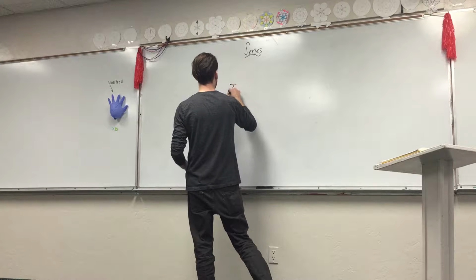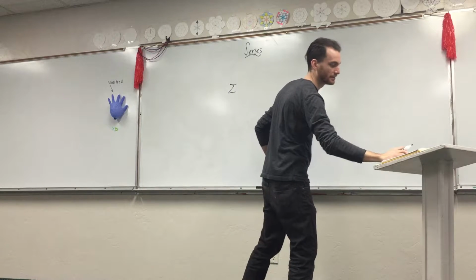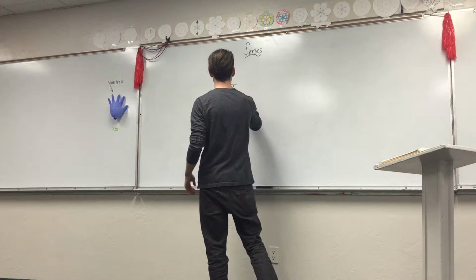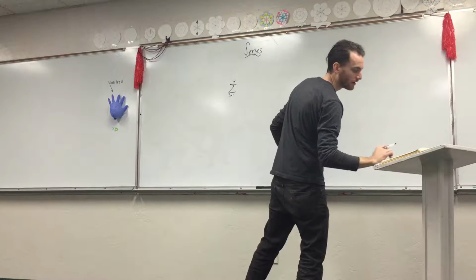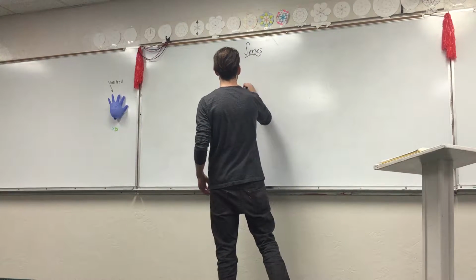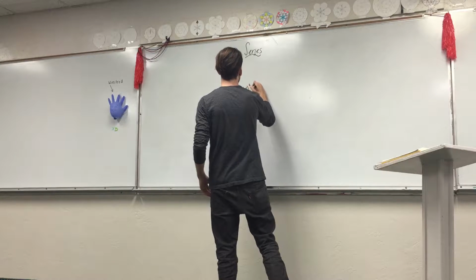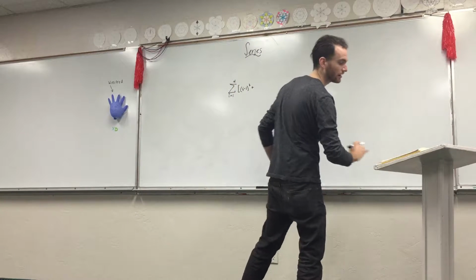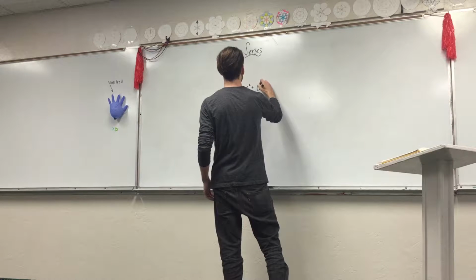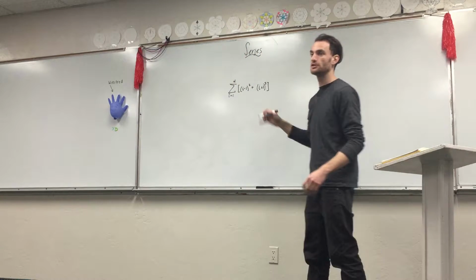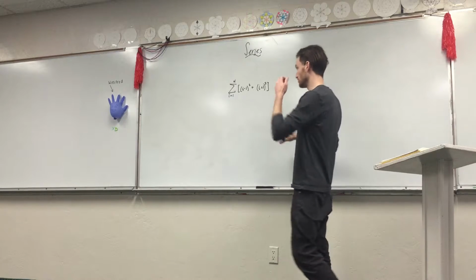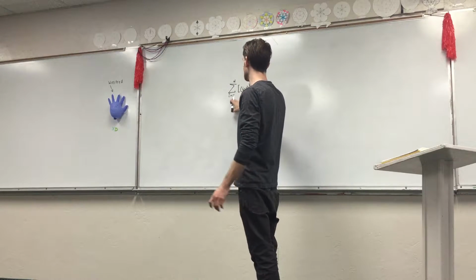Another one that may look tricky, but is basically the same exact thing. The sum from i equals 1 to 4 of (i minus 1) squared plus (i plus 1) to the third. So this one looks pretty tricky too, but once again, we just plug in the numbers.